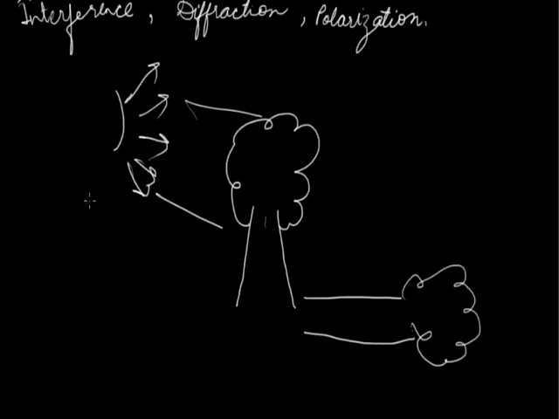Because there is a blockage of the particles which are moving in the light. So it was always observed that light behaved like a particle. But in phenomena like interference, diffraction, polarization, the particle nature of light was not shown.